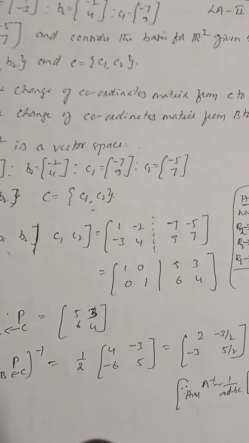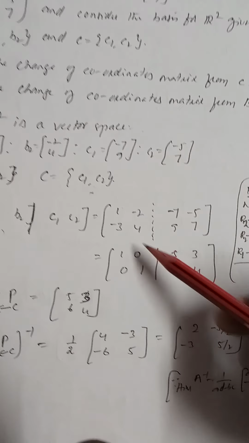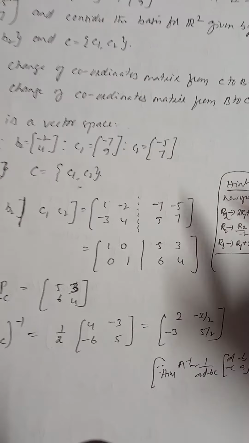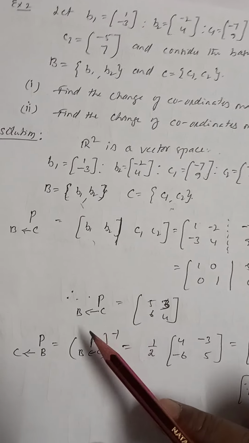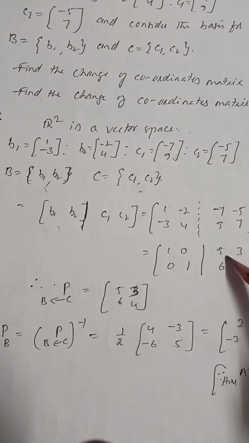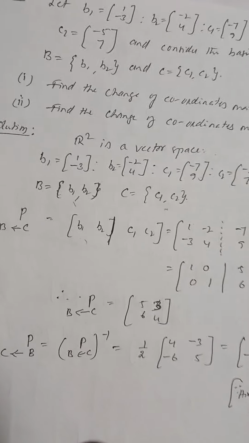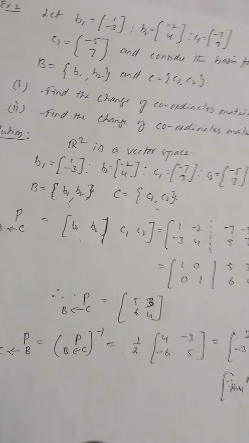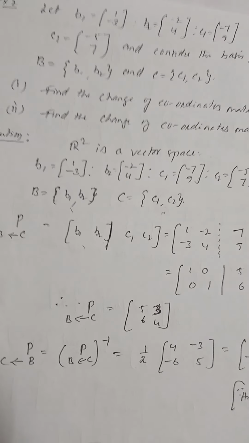Next, after applying the same operations to the right part as well, P from C to B is equal to, we have to consider this part only, [5 6; 3 4]. This is the answer. That means the change of coordinate matrix from the basis C to B is equal to this one.